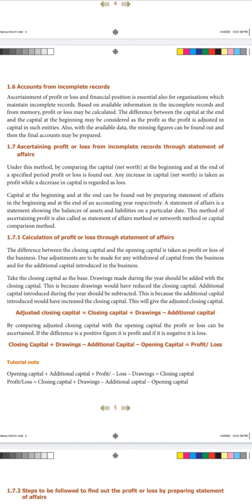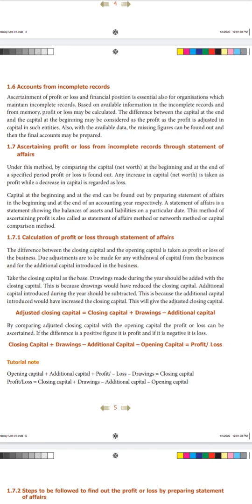Here, in this type of incomplete records, these people will have a separate format wherein they find out the profit or loss based on what they have, like closing capital, opening capital, and any additional capital or drawings. Based on this, they can easily find out the profit or loss of the organization. Here we will have some missing figures, which we will find using the formula.